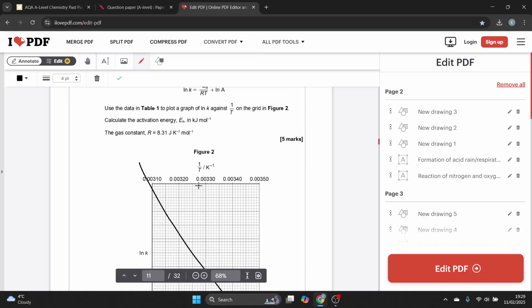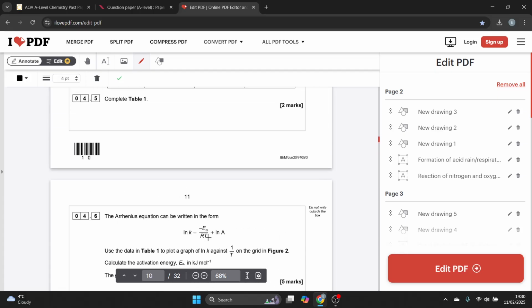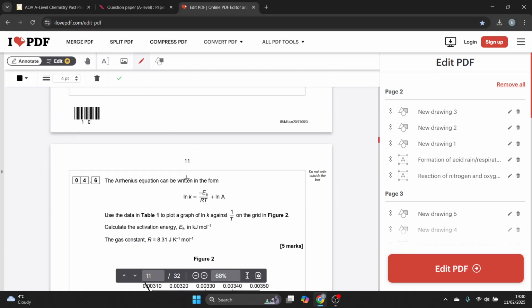This is a straight line, so what's the universal straight line equation? y equals mx plus c. I'm going to compare the Arrhenius equation to y equals mx plus c. I can clearly see y is ln k, but I want activation energy, so I don't care about that. ln A is c. I don't care about that.